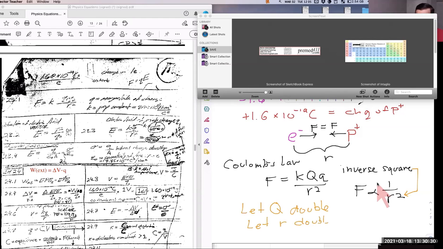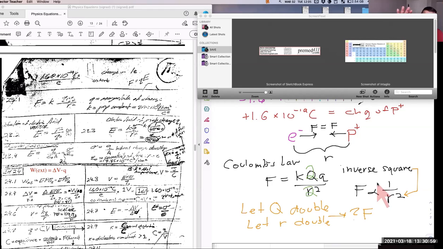And we want to know how this will affect F. The way we did this, if you remember, is we put a number in for Q, and we put a number in for R. And when they double, it's 2. So what do you think is going to happen here? I put 2 at the top and 2 at the bottom, and then it would be a smaller number because it'd be 1/4.